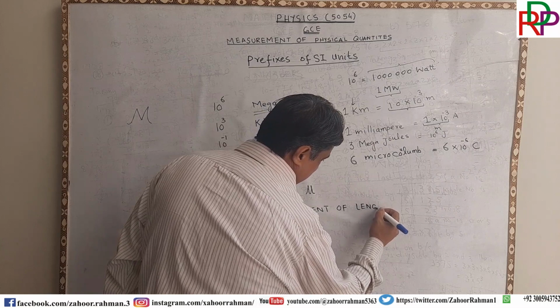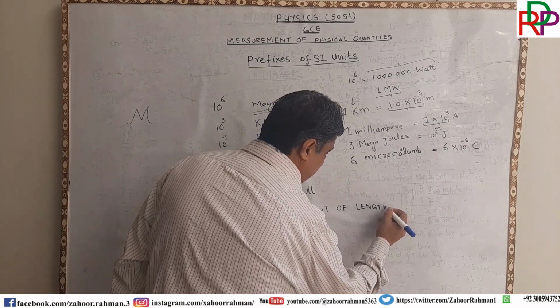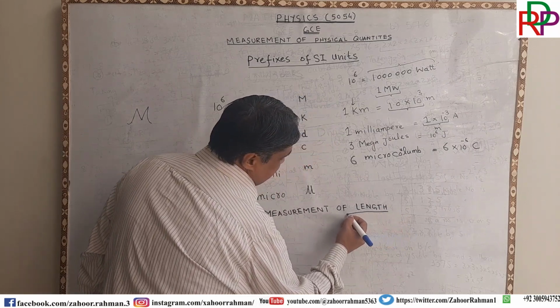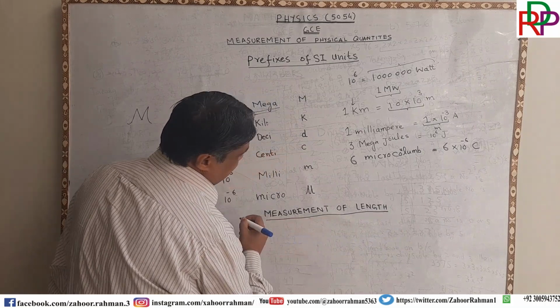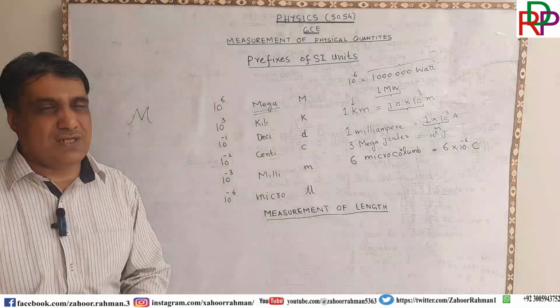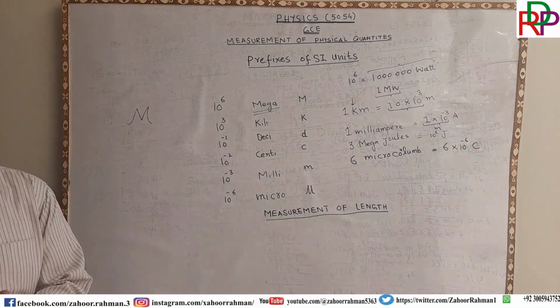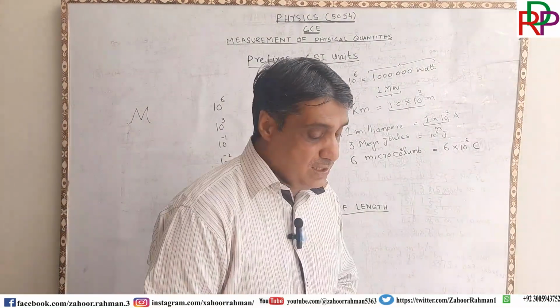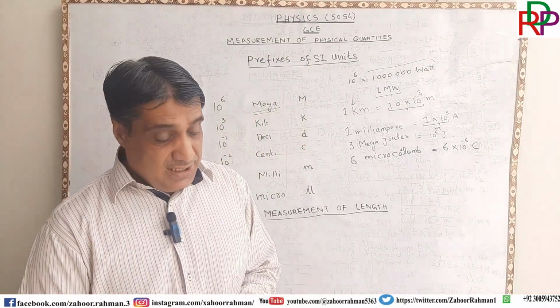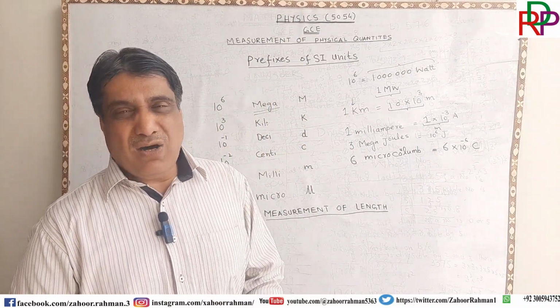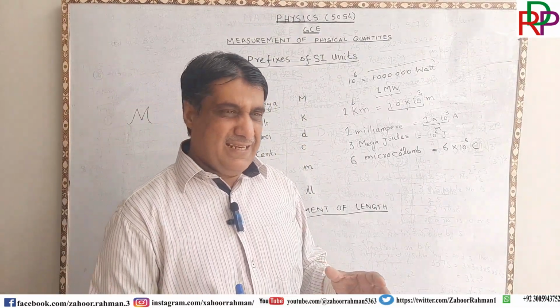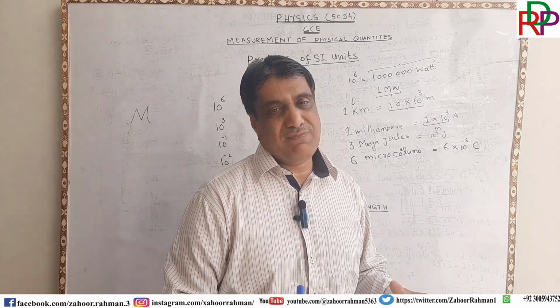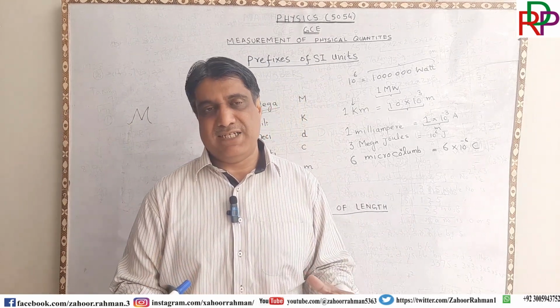In fact, there are derived quantities, but those derived quantities are taken from the base quantities, in which yesterday we talked about the length. So first we are talking about the length, how to measure the length, and length measurement in physics practical.